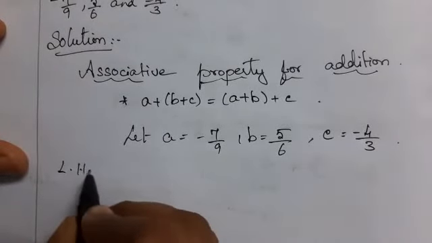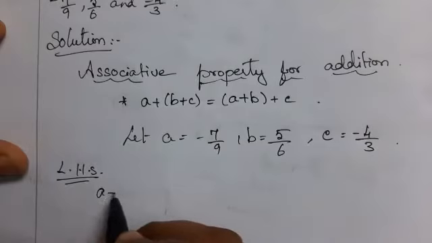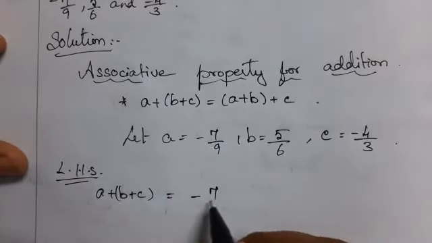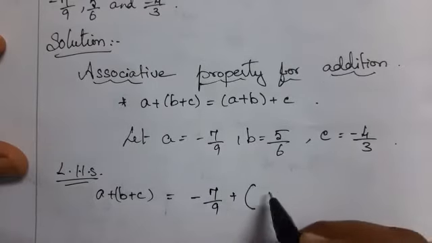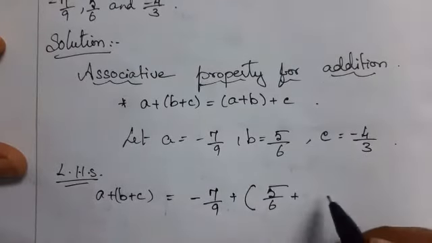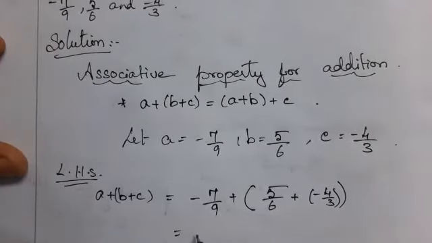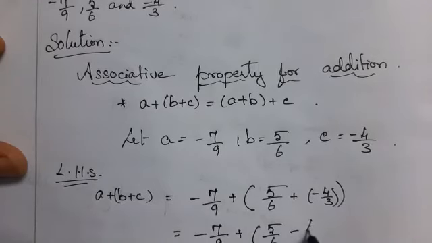Left hand side, A plus B plus C: minus 7 by 9 plus 5 by 6 plus minus 4 by 3. First complete the bracket. Plus into minus is minus.